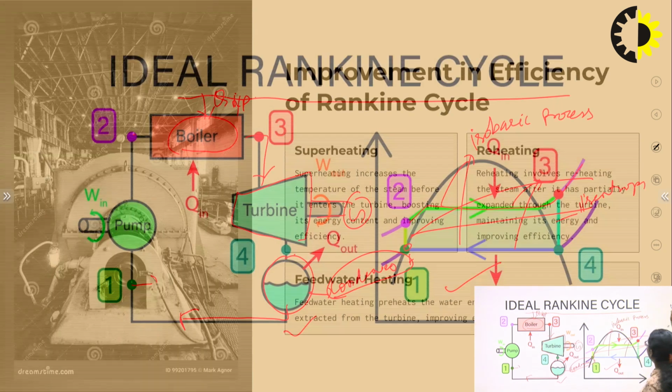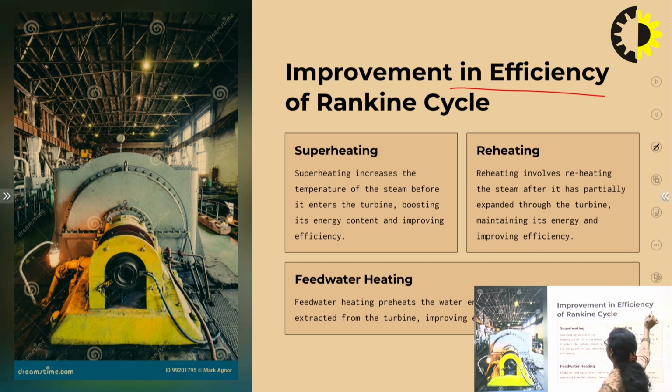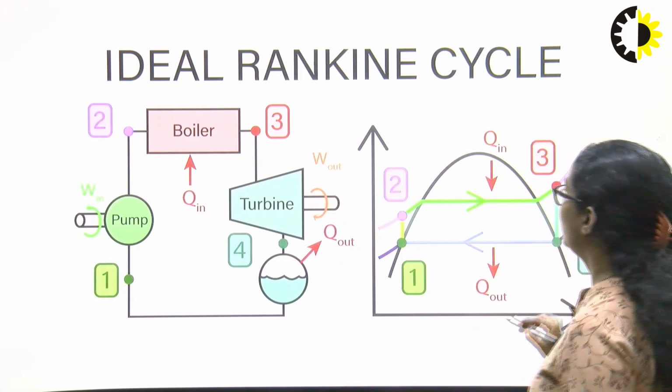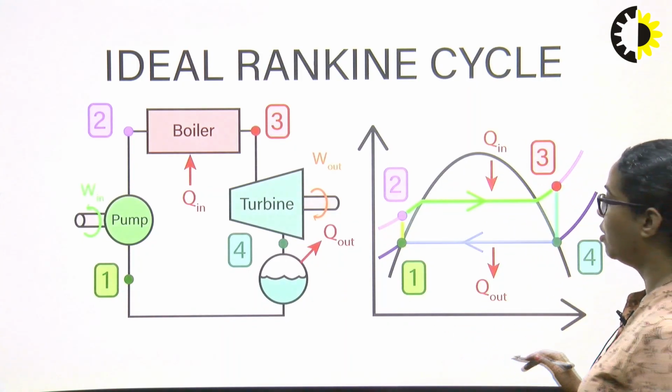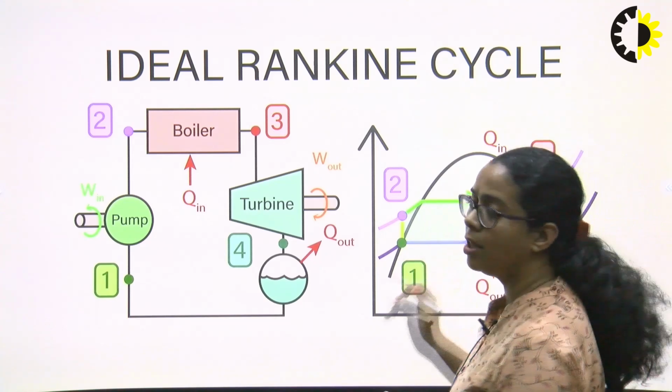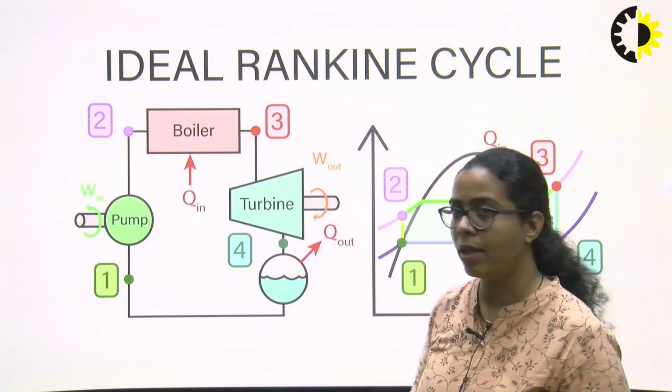So to run it practically, there are several methods employed for improvement in the efficiency of the Rankine cycle. The first method is superheating, another method is reheating, and another method is feed water heating. Sometimes intercooling is also employed for improvement of the Rankine cycle.